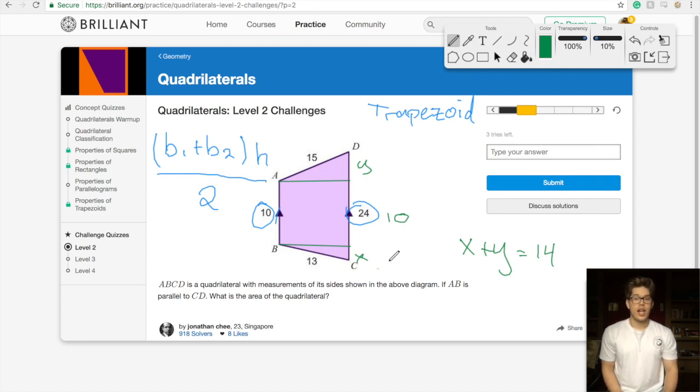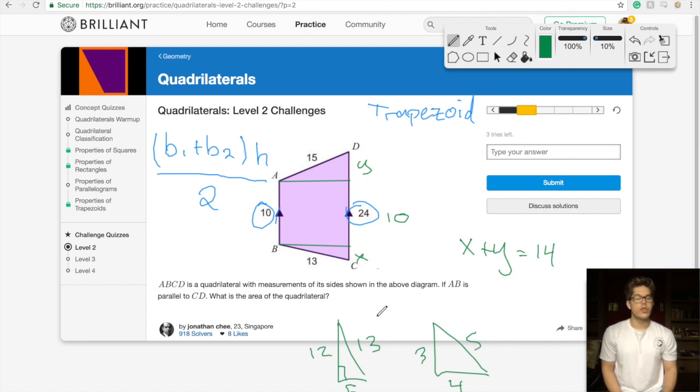However, whenever I see triangles, I immediately think of our special right triangles. For example, I tell all my students you have to know about the 5, 12, 13 triangle, and you have to know about the 3, 4, 5 triangles.